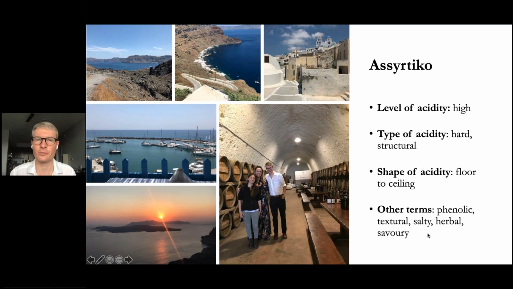Now, that might seem like a weird thing to say, because surely any wine, especially young white wine, is about fruit, and that's what we want it to be about, and that's what consumers want it to be about. Well, I think the really cool thing about Assyrtiko is the way that in this very hot climate, which would perhaps, if the focus was on fruit, make slightly soft, maybe overripe fruit flavors, it's almost as if the grape is saying, nope, that's not what I want to do in this climate.